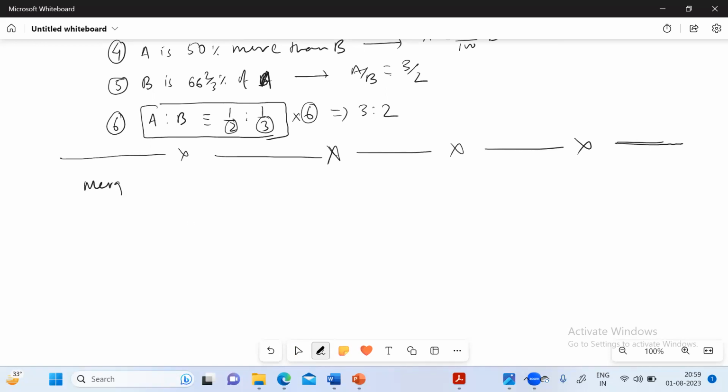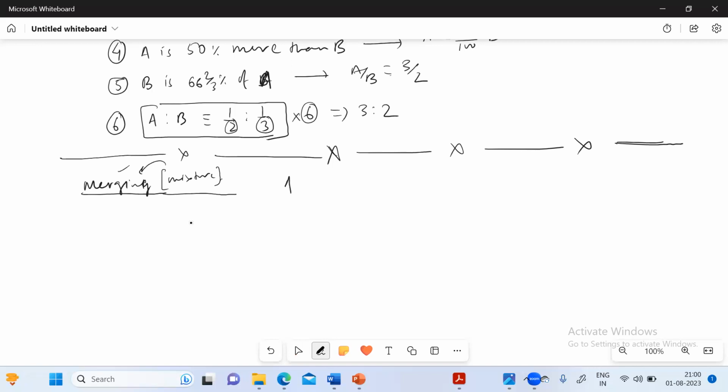We'll be talking about this later, because what I'm taking here is the smallest, or most used, example of merging. But in the chapters of mixture and allegation and other chapters, we will be using this concept extensively if we're able to understand it.